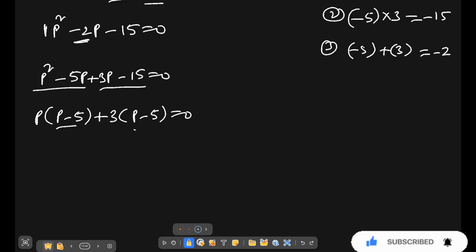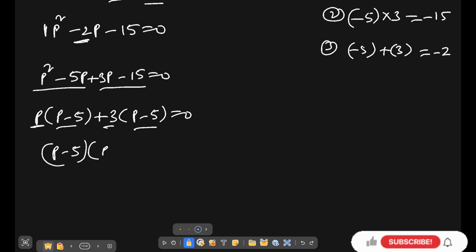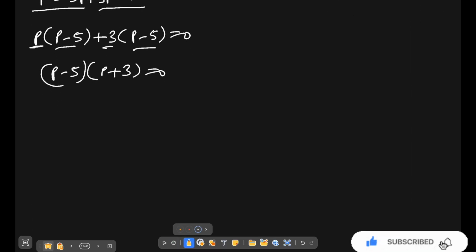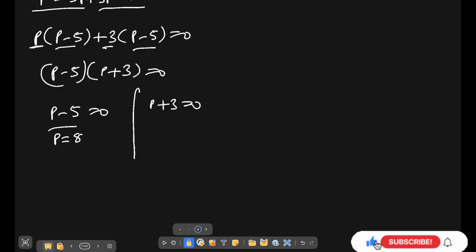Now take p minus 5 common. p minus 5 of p plus 3 equal to 0. Now we can write this as p minus 5 equal to 0 or p plus 3 equal to 0. So now p is equal to 5 or p is equal to minus 3.